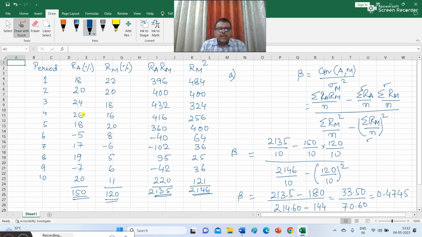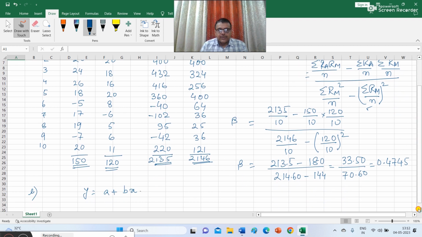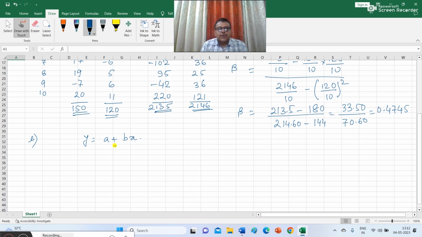So return of security A is a dependent variable, which depends upon the return or the performance of the market. How the performance of security A is related with the performance of the market, and we have to find the equation of the line. So this straight line is y is equal to a plus bx.